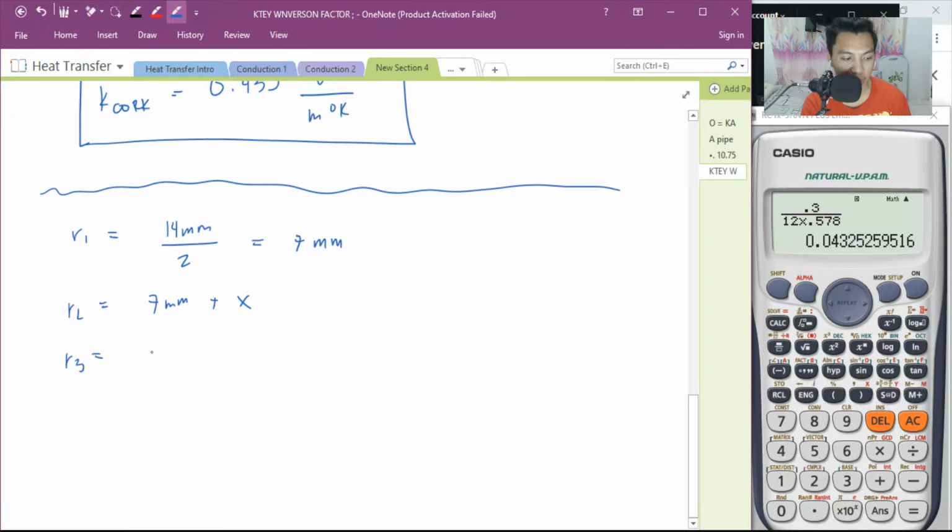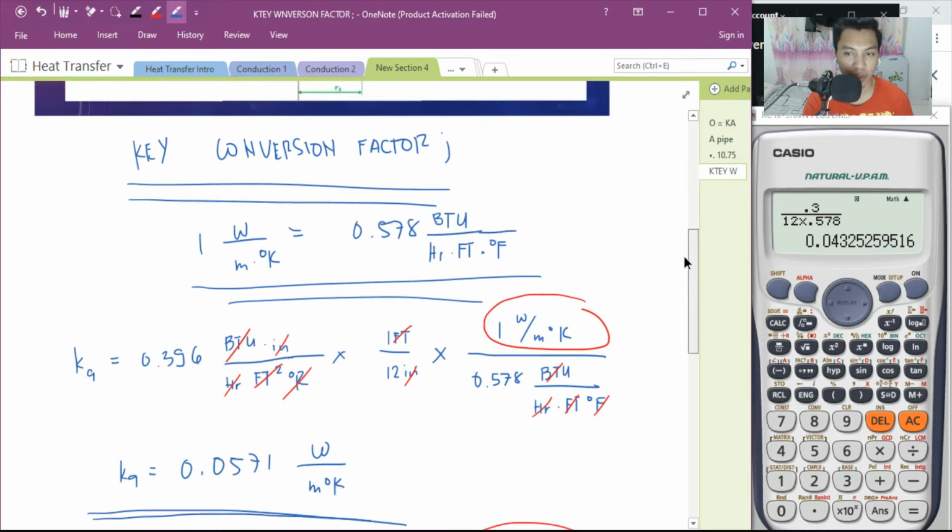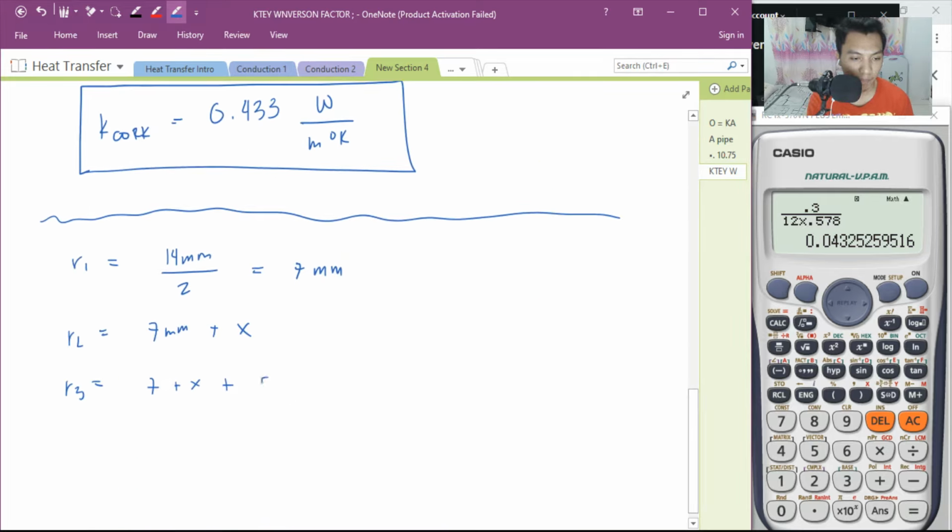So, this is 7 plus X plus yung 0.5 cm, that is 5 mm. O di 12 mm plus X. Pwede na yan.